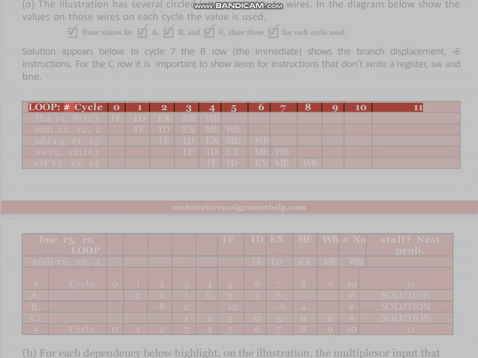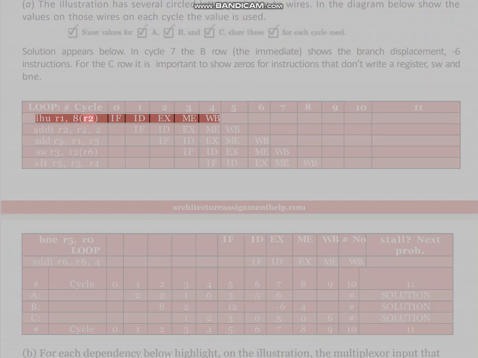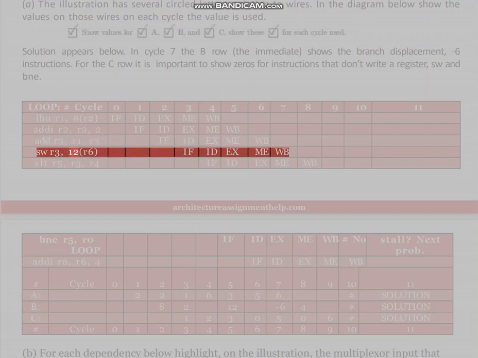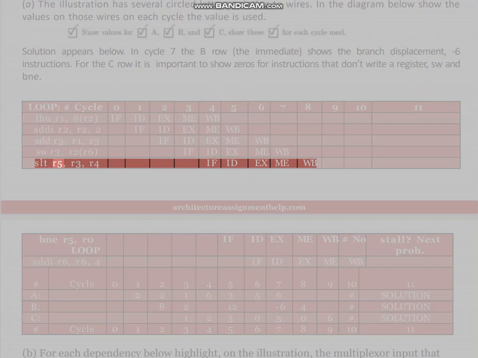Loop, cycles 0 through 11: LW R1, 8(R2), IF ID EX ME WB; ADI R2, R2, 2; ADD R3, R1, R3; SW R3, 12(R6); SLT R5, R3, R4, each going through IF ID EX ME WB.